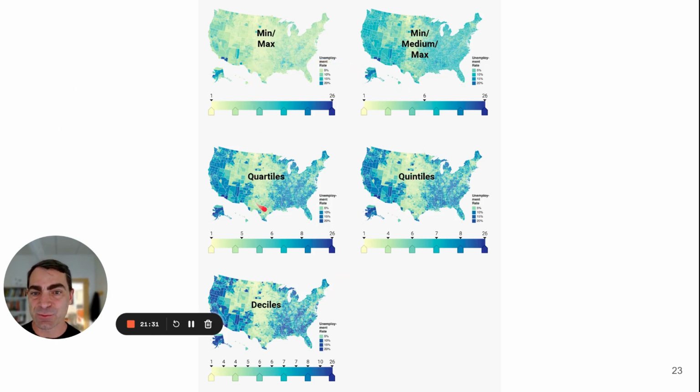So look at this one, for instance. This is a different way of mapping through quartiles, which is basically a non-uniform mapping between the values and the colors. And now you see a completely different structure, right? You see that it's way clearer that there are very low values here in the middle and high values in this area and high values in this area around here, right? So very powerful. Once again, we have the same data.